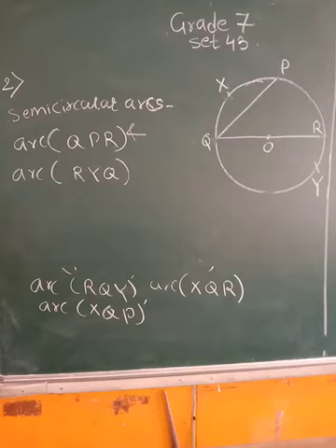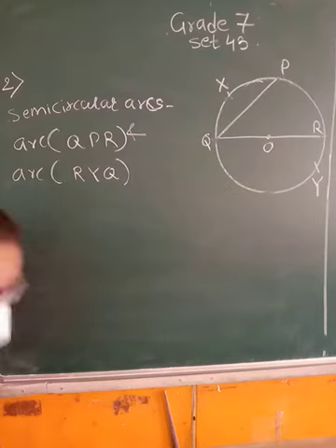Third is, in a circle with center O, the measure of minor arc PQ is 110. What is the measure of the major arc PQ? Okay, so we already know, no? We have to subtract it from 360. So let's do question 3.